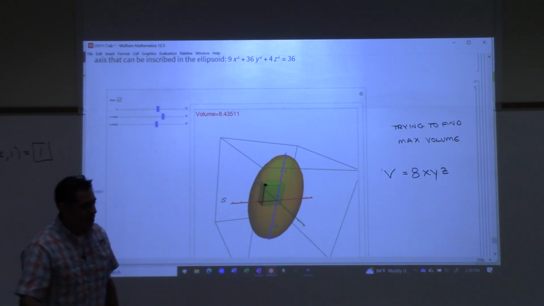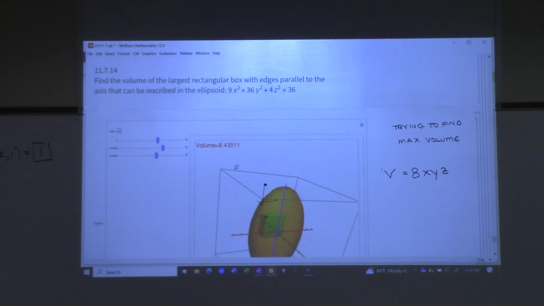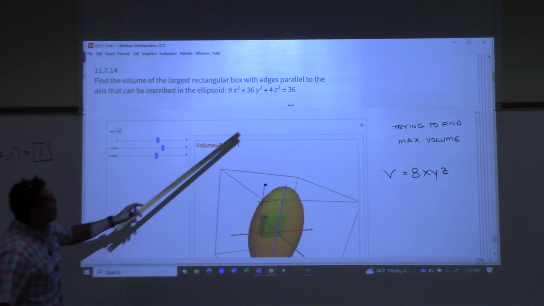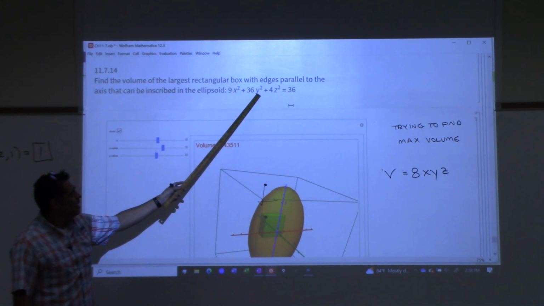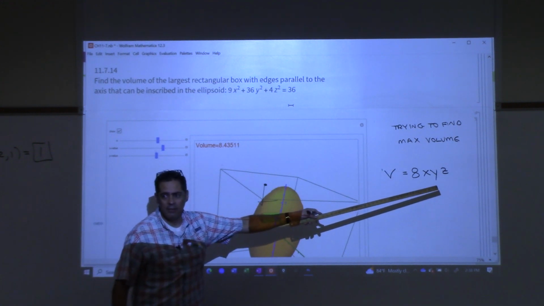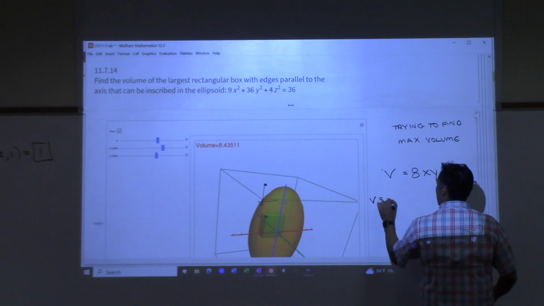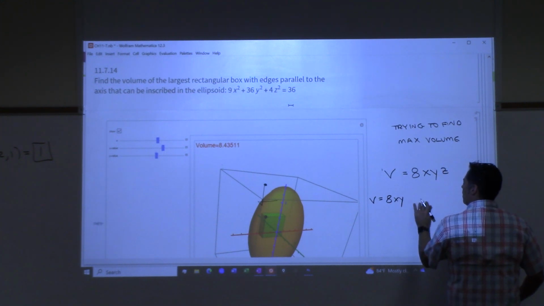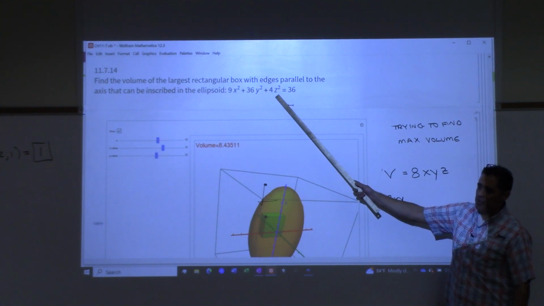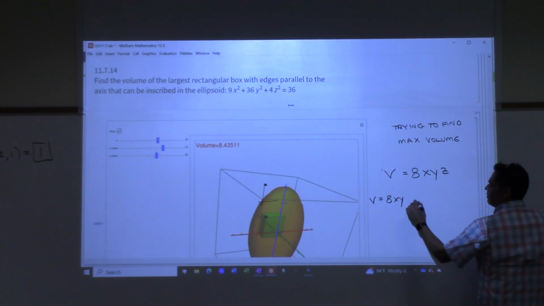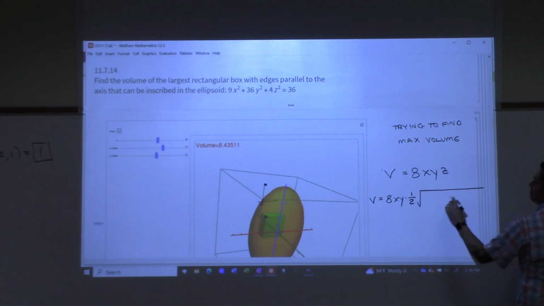If it has to hit the ellipsoid, then it has to satisfy the equation of the ellipsoid, which means I can solve this equation for z and replace that in here. The volume is 8xy times, and if I solve this for z, here's what I would get, and you're just going to have to trust me on this, although I'm sure you could probably do it in your head as well.